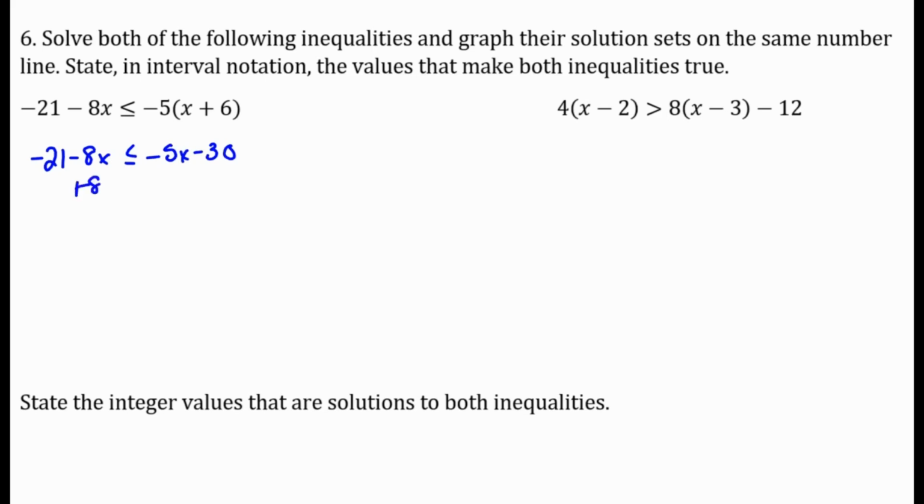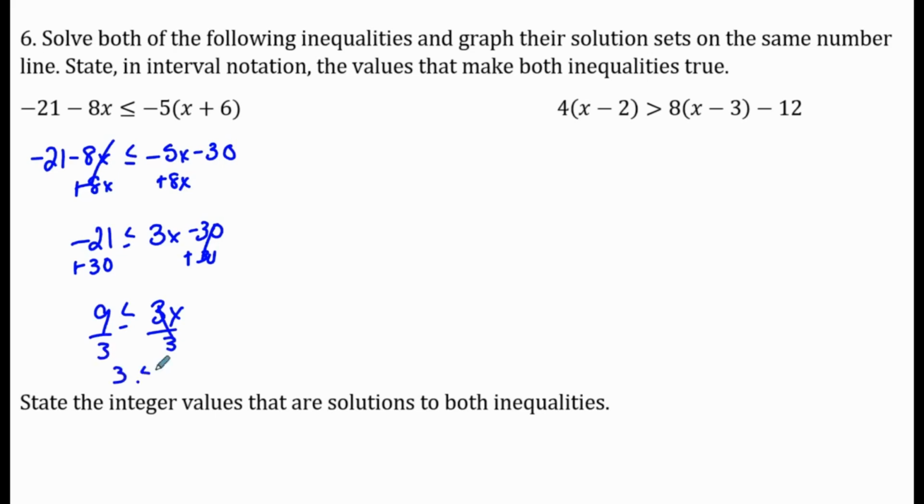I'm going to add 8x. Negative 21 is less than or equal to 3x minus 30. Add 30. 9 is less than or equal to 3x. 3 is less than or equal to x. So x is bigger than or equal to 3.